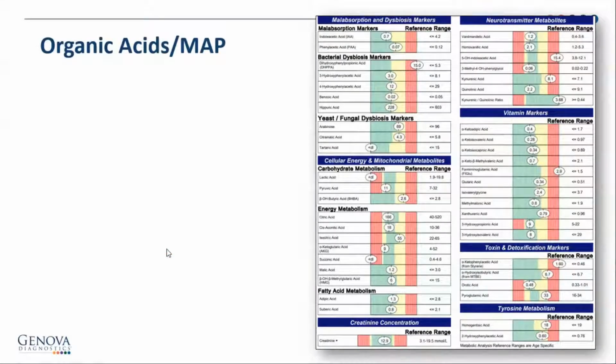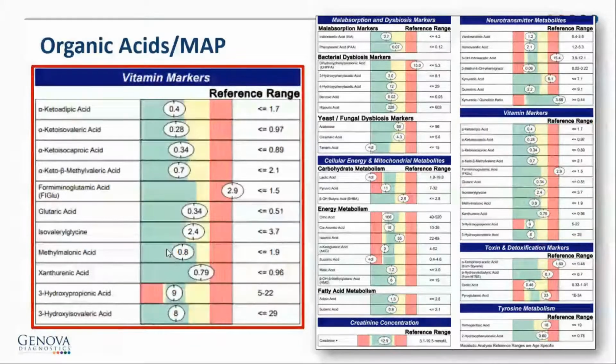So here we have the vitamin markers. And the way this functions, the principle behind it, for functional recommendations of B vitamins, is that these organic acids all must have specific B vitamins in order to be broken down. If they don't get those B vitamins and don't get broken down readily, they accumulate in the blood and get dumped into the urine.